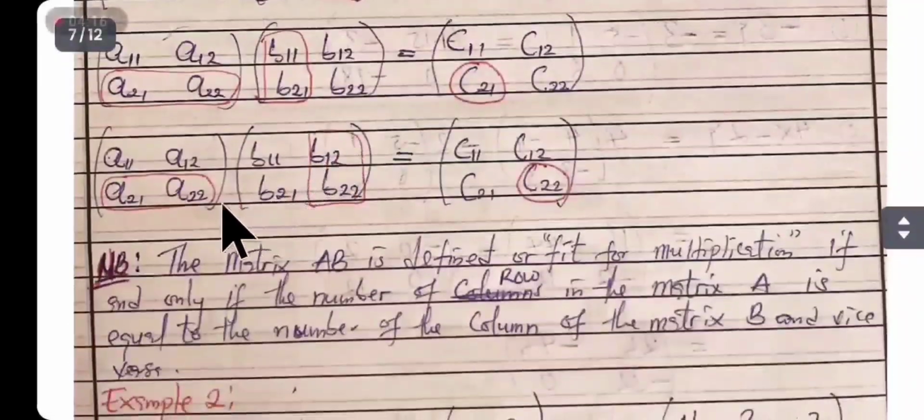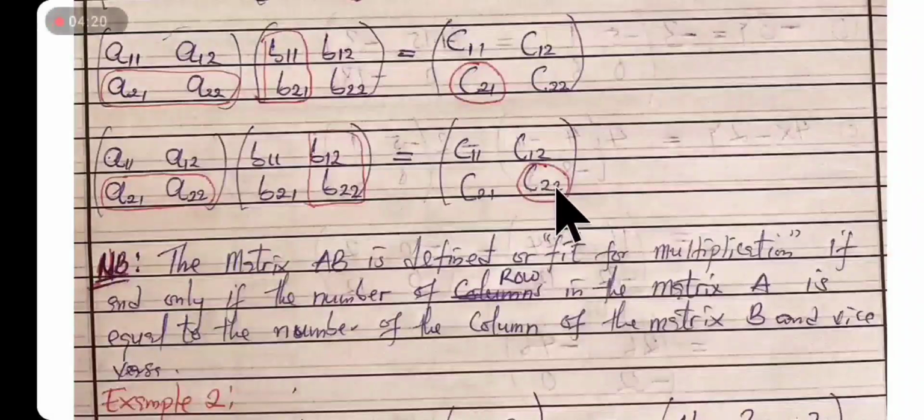All right, so now here, the last one, C22. How do we get C22? C22 is in row 2, but it's in second column. So therefore, we are going to still maintain row 2, but we are going to move to second column in the second matrix.